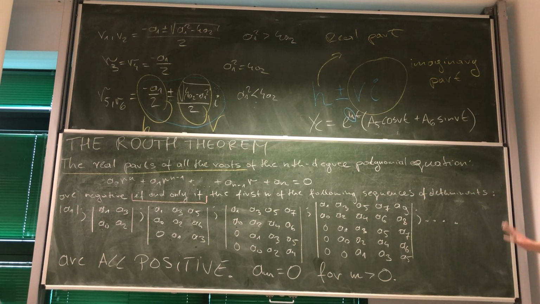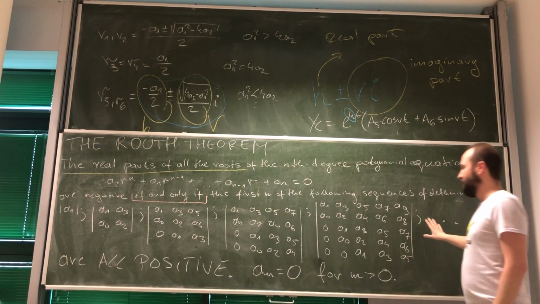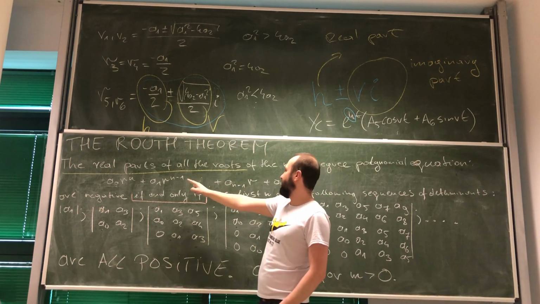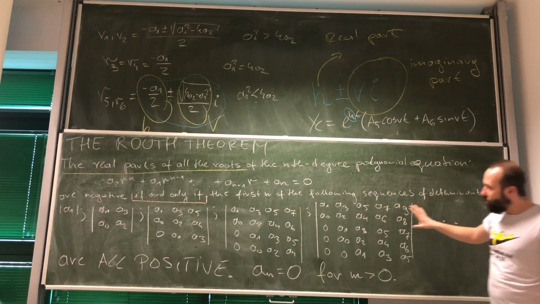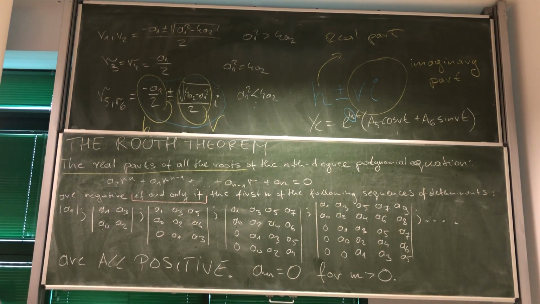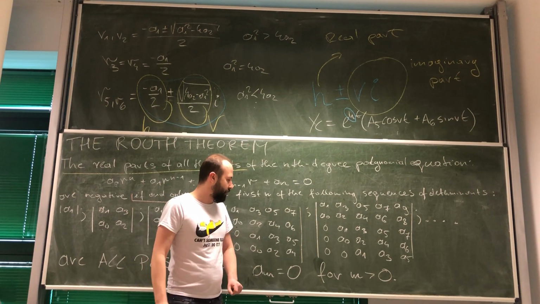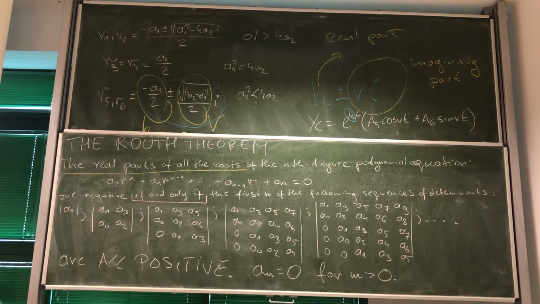What does it mean is that we need to calculate all those determinants, and the condition for us to be sure that all the real parts of the roots are negative is that all these determinants in a sequence are positive. Okay, and look, here we've got one more thing. Am equals 0 for m higher than n.